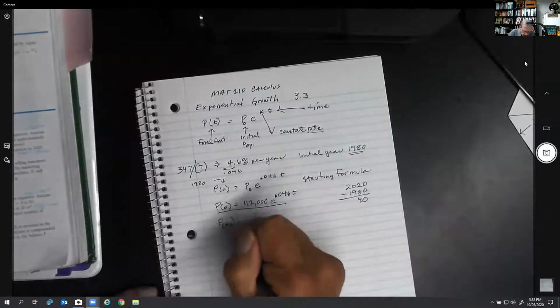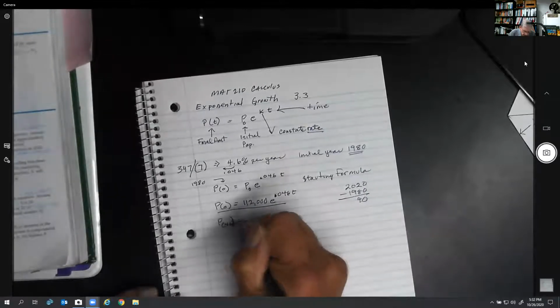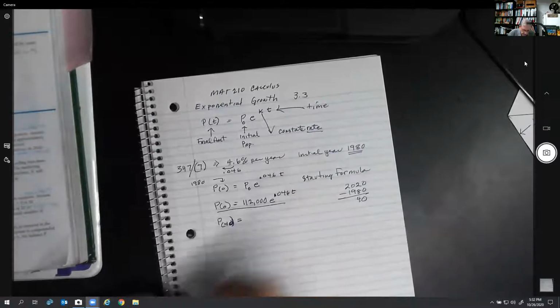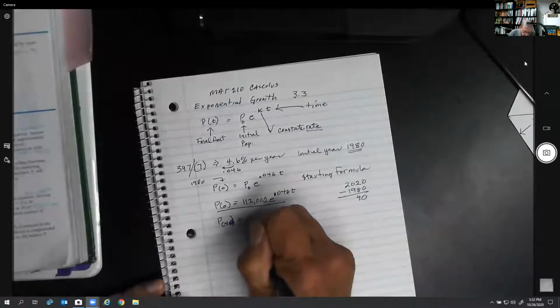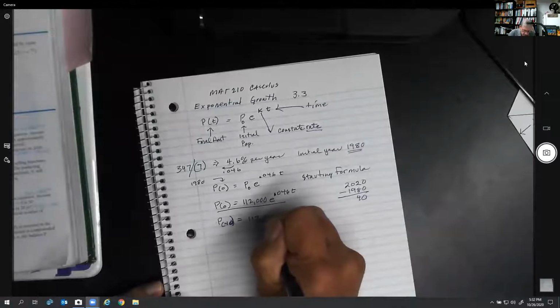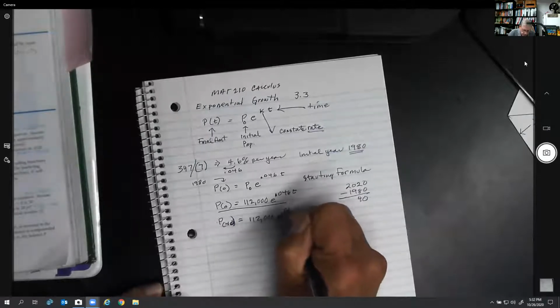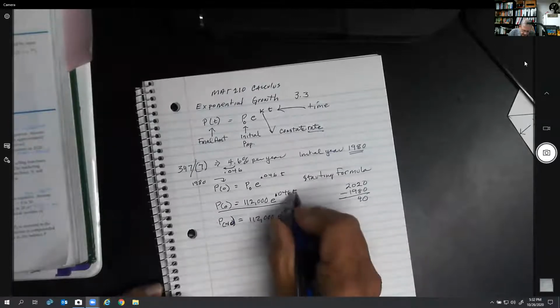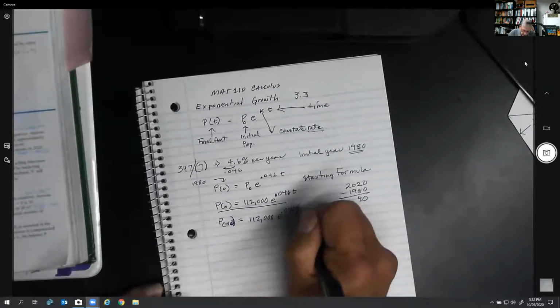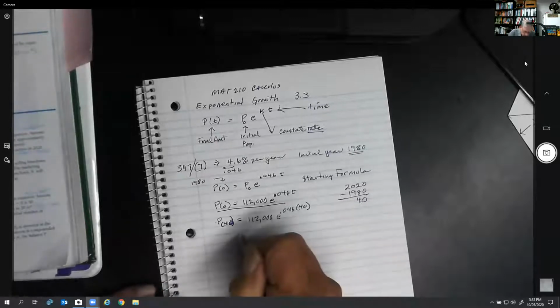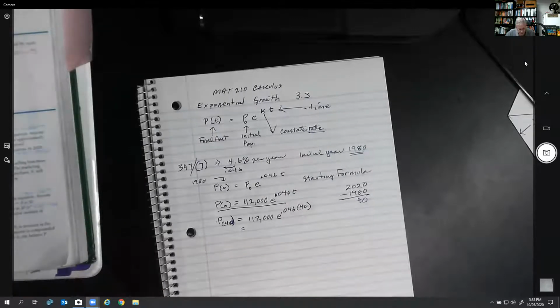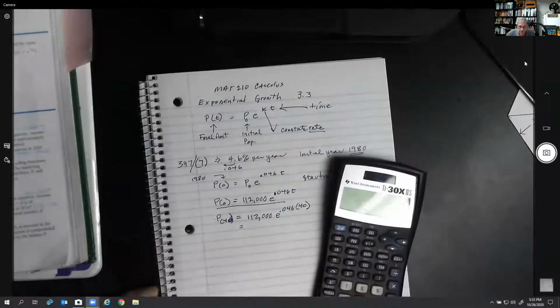So this is going to be 112,000 e to the 0.046 times 40, so 40 years later. All we have to do is just put this in our calculator.